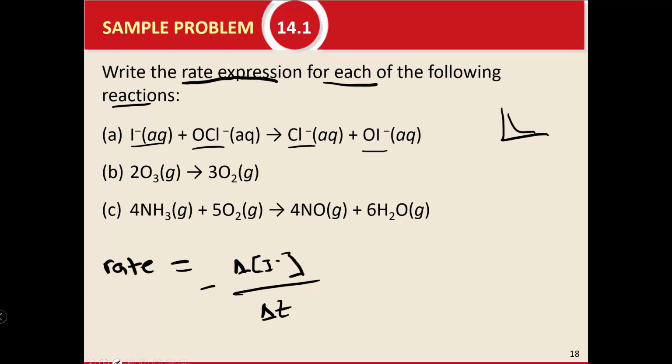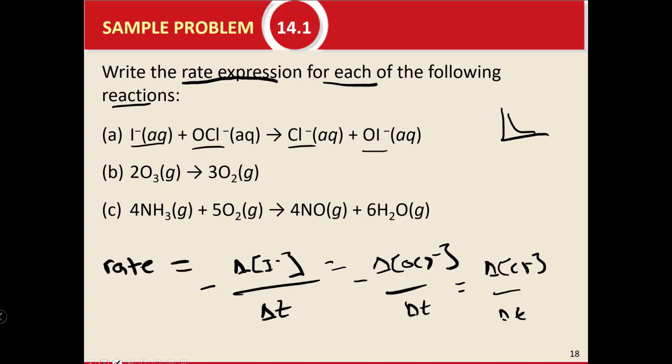And then that's going to be equal to the hypochlorite ion. So we would have the change in concentration of the hypochlorite ion over change in time. And again, we need a negative here because it's a reactant. And then we would have the change in concentration of the chloride ion over change in time.